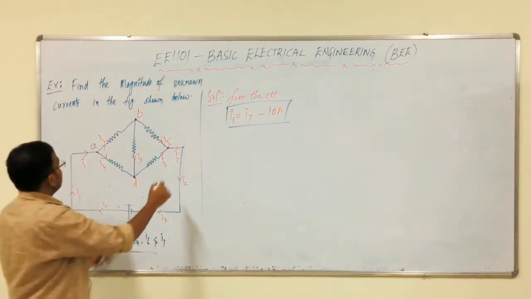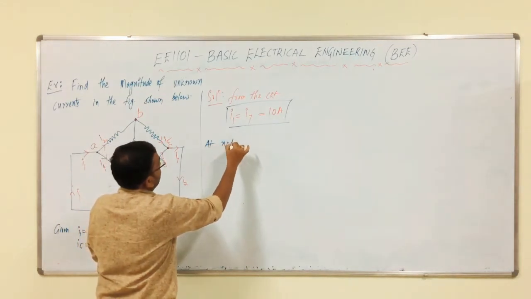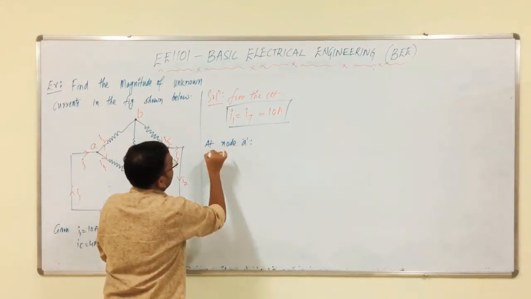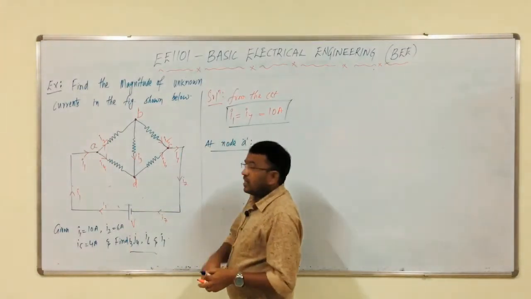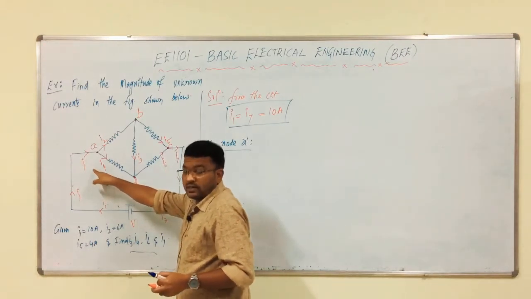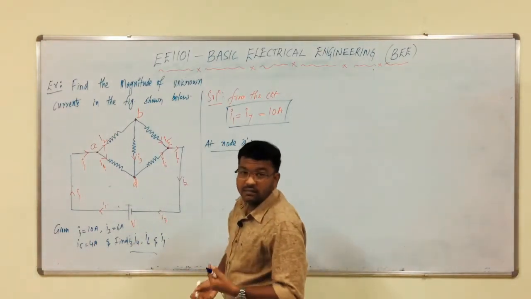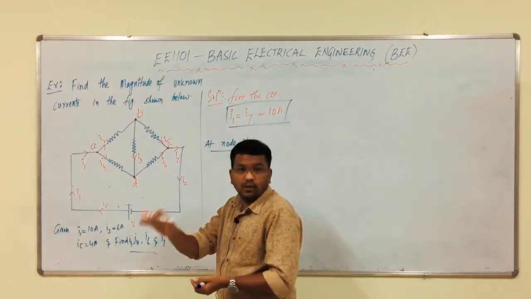Next, at this node A, by Kirchhoff's law, what is the incoming current and what are the outgoing currents? We have to write. What is Kirchhoff's law? The algebraic sum of currents entering a node equals the algebraic sum of currents leaving that node.